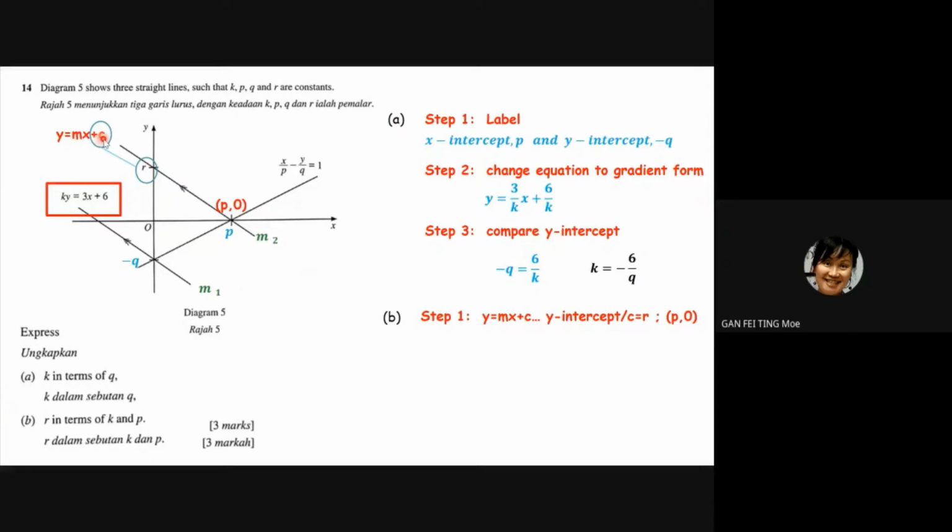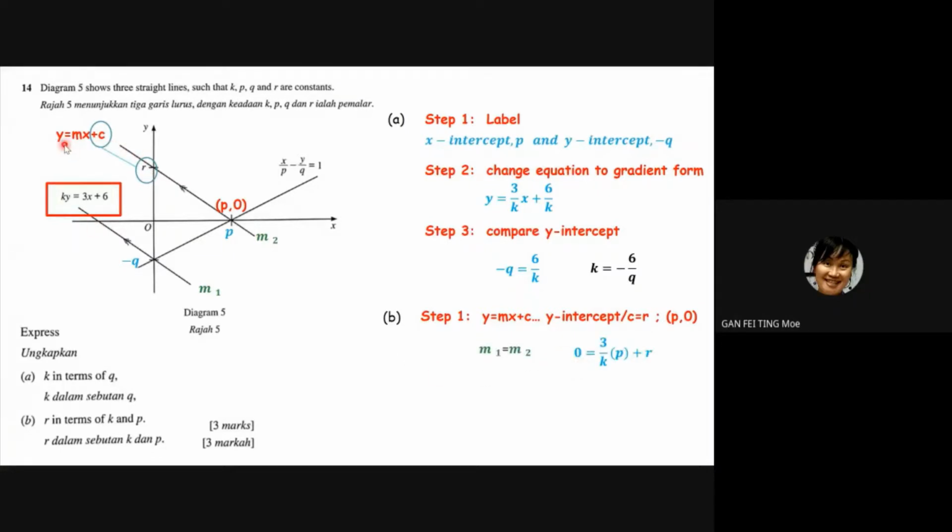Do you agree? Yes or no? For this equation, having the same gradient, 3 over kx plus, instead of c, now it is r.